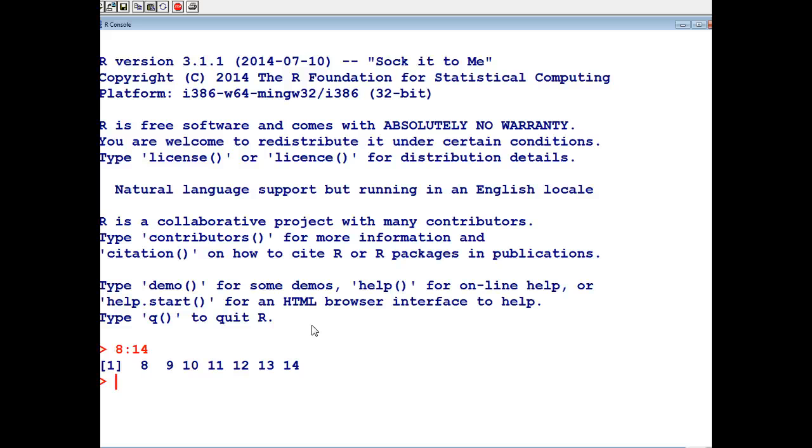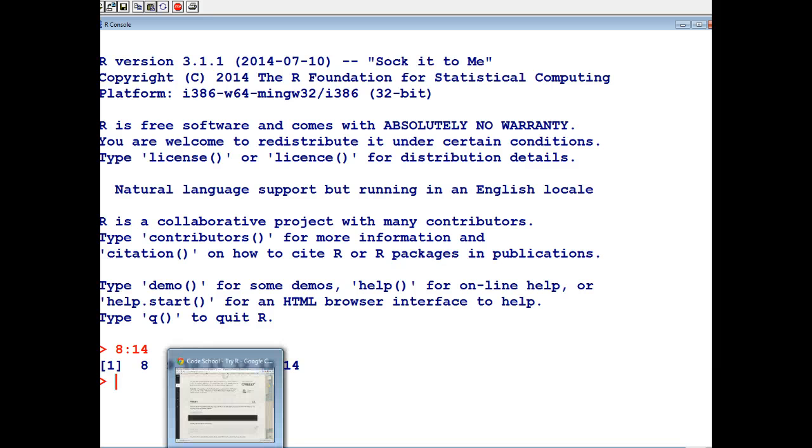Okay? But this is not very flexible because this forces me to have just 8, then 9. It has to be in order, you can't have a different order or anything like that, right? So trying to make vectors like this wouldn't be very good. This is good for generating a sequence, but that's not how you generate a vector in general.